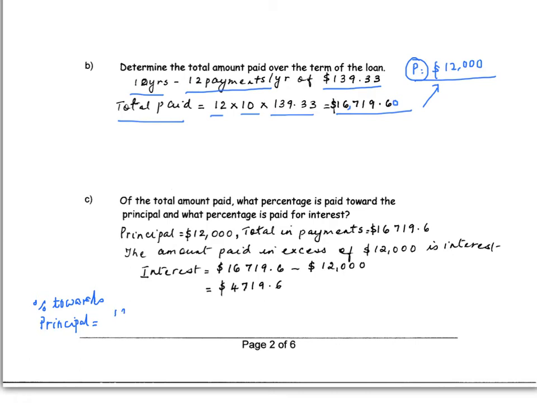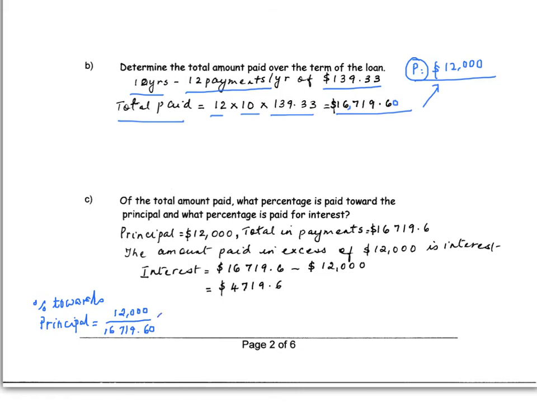It's $12,000 over the total amount that we paid, which is $16,719.60. So this gives us the fraction of the total amount that we paid that goes towards the principal.